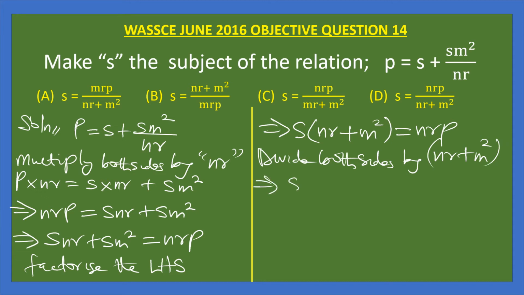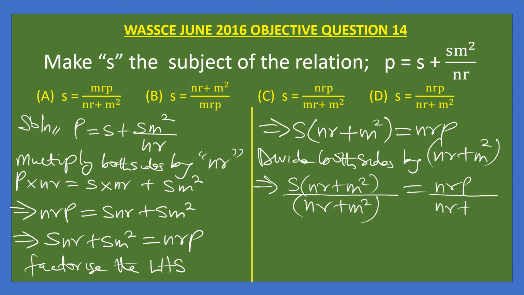This now gives us S into NR plus M squared divided by NR plus M squared equal to NRP over NR plus M squared. These two will cancel. We now have that S is equal to NRP over NR plus M squared. So which is the correct answer in the options? Let's look at it. Okay, D is the correct answer.